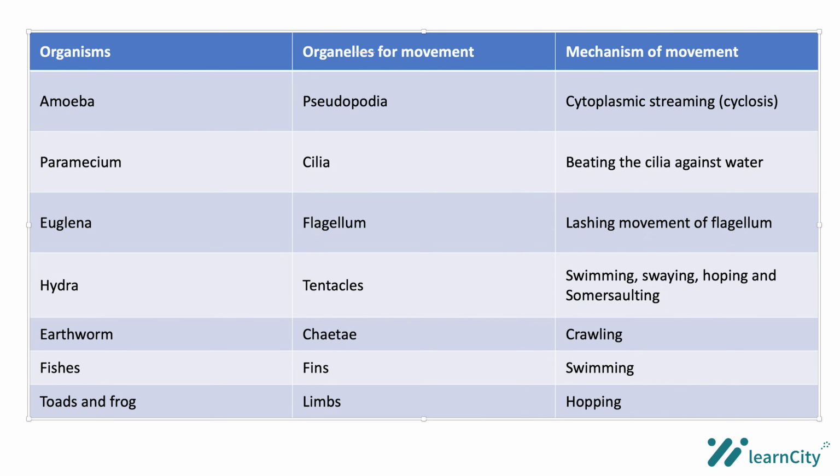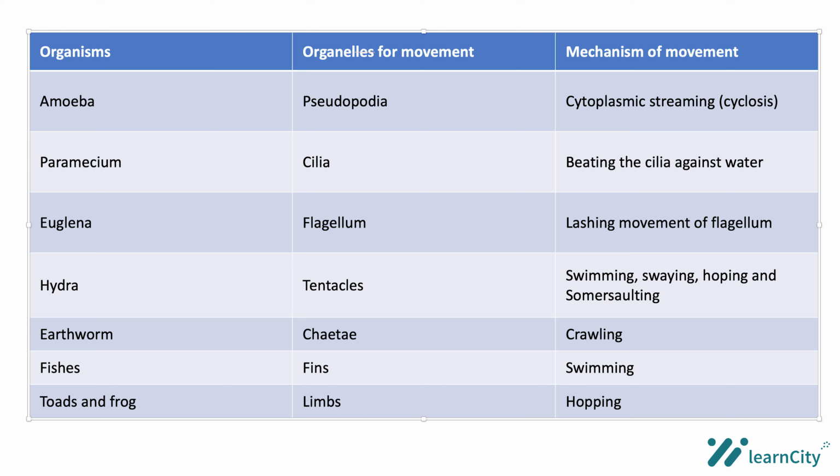So now let's discuss different organisms, their organelles or organs for movement, and their mechanism of movement. So number one is the amoeba. Now amoeba possesses pseudopodia, which is its organelle for movement, and the mechanism for movement is cytoplasmic streaming or cyclosis.